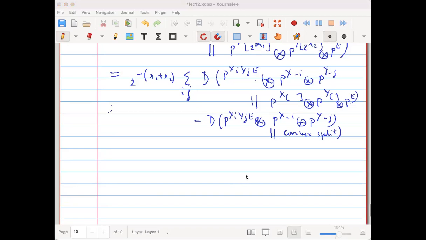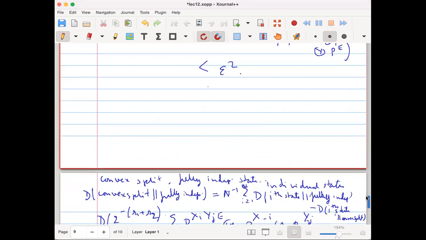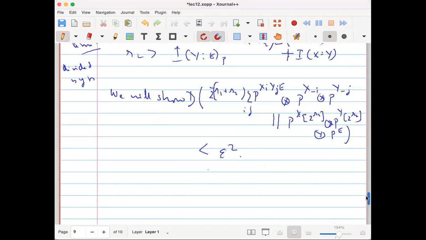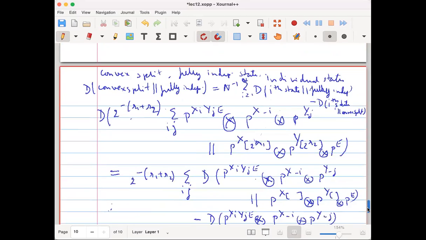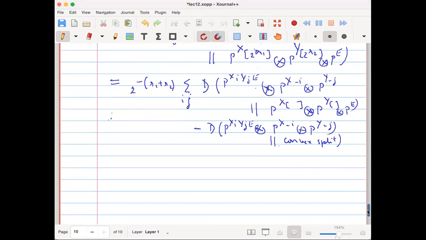Pranav, can you scroll up just one page? Just one page, like this. Yes. Okay. So it's convex split state, and this is the fully independent state. So R1, R2, you have already said. Yeah. No, I just want to see where the thing will appear. Okay.